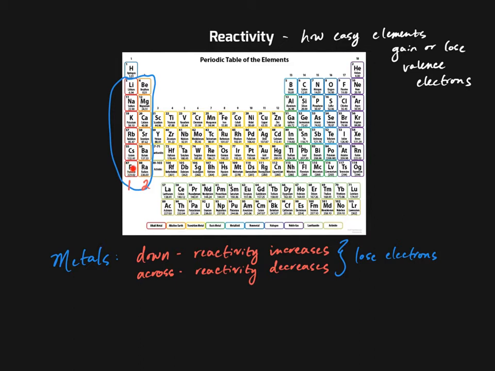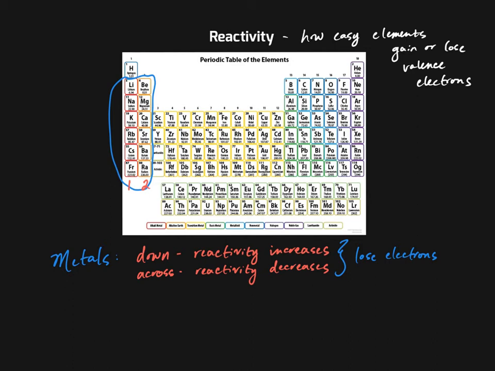These protons in the francium atom have a weaker pull on those outermost electrons than the protons in lithium do on its outermost electrons. So it's very easy for that outermost electron in francium to just go away than it is for that outermost electron in lithium to go away. The same principle applies when we move across a period with metals, okay? As we move across, reactivity decreases, and that's because the size decreases as we move across.